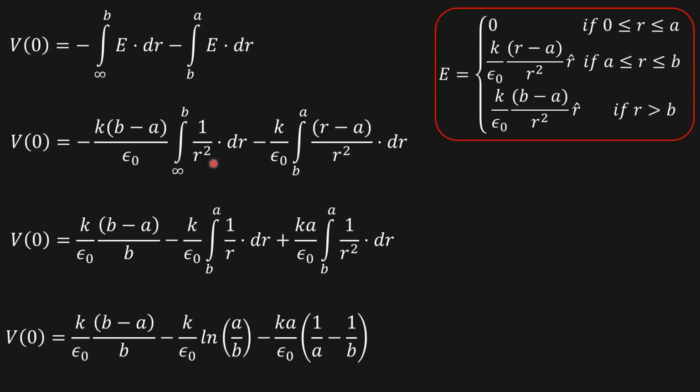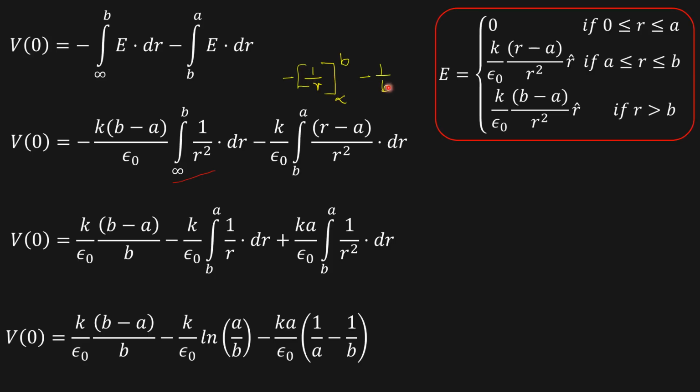Now you integrate this 1 over R squared. What will you get if you integrate 1 over R squared? You will get minus 1 over R, and you have to apply the limit infinity to P. If you apply the upper limit, you will get minus 1 over P. If you apply the lower limit, 1 over infinity is 0.